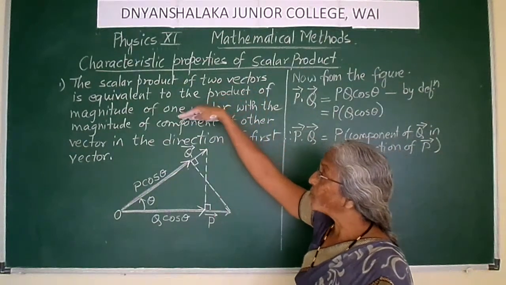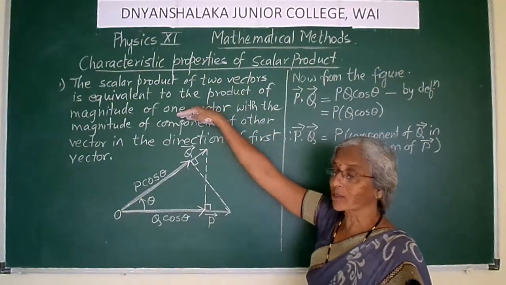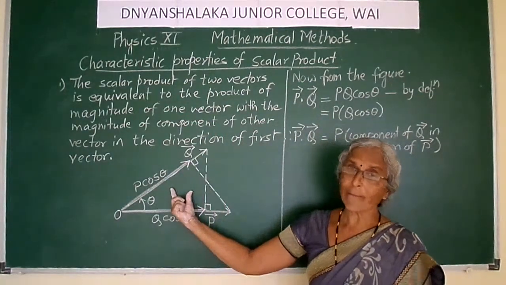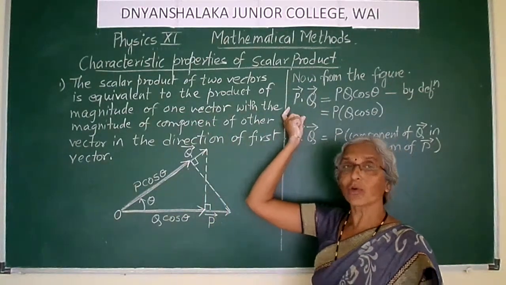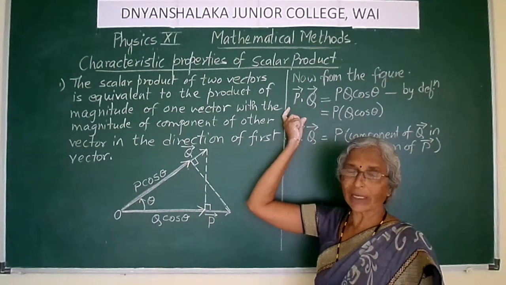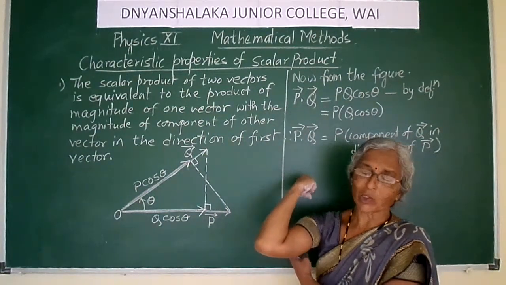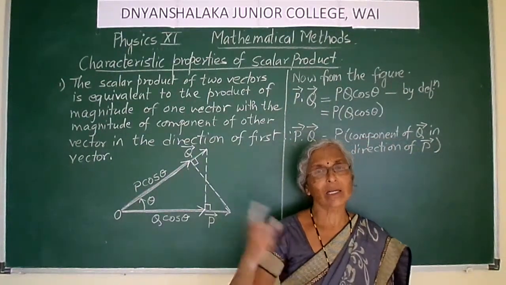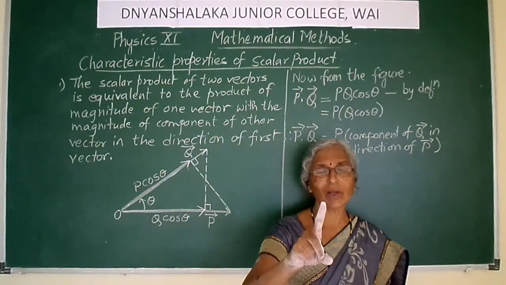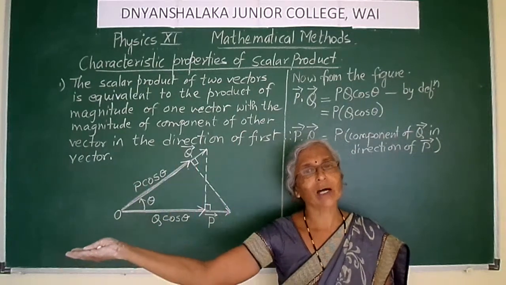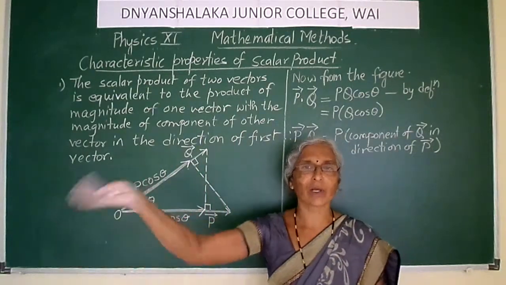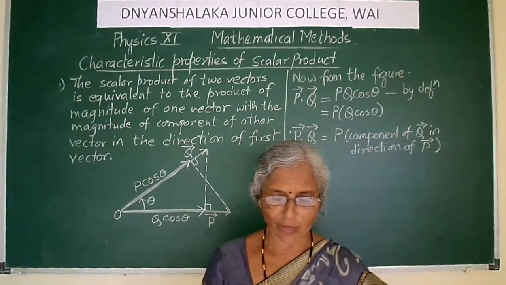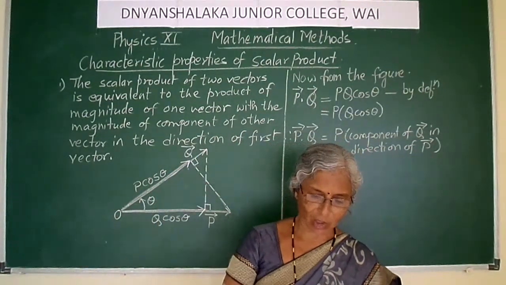So you have to memorize this characteristic, explain it with the diagram, and then prove it. Very important. Understood, children? Now we will go for the second characteristic of scalar product.